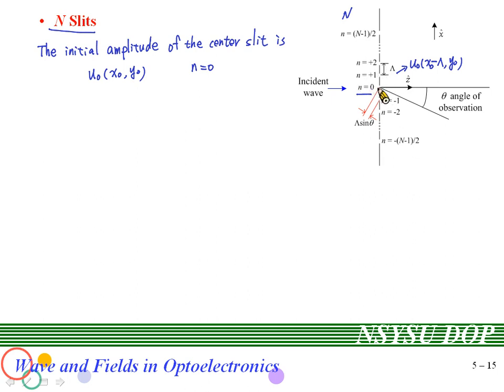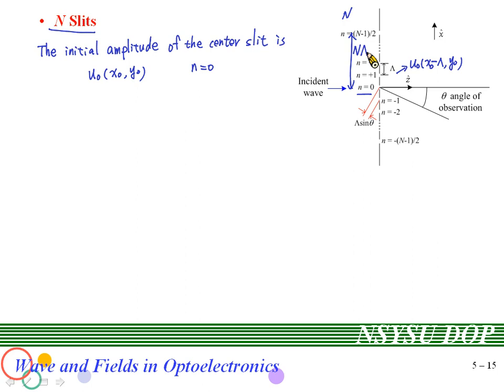So the distance between the center slit and the final slit in the positive direction will be N capital N times capital lambda.